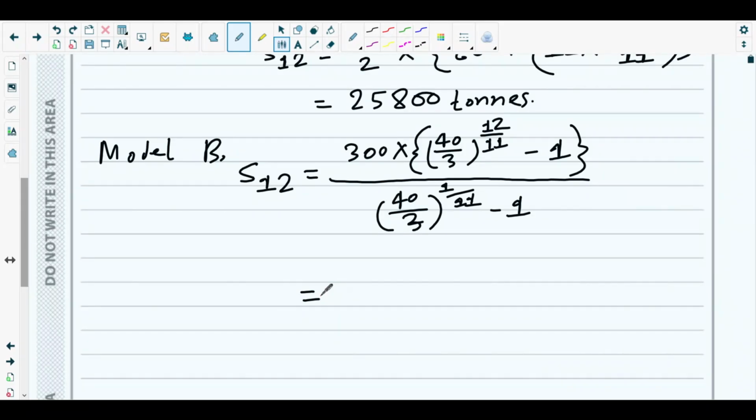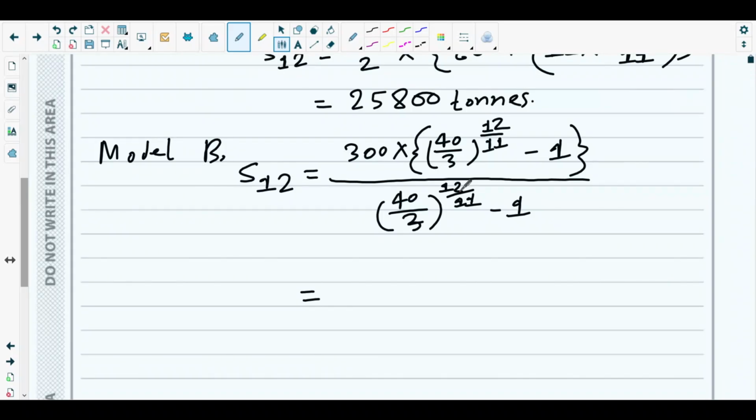r to the power n, then minus 1 times 300 over 40 over 3 to the power what? R to the power n. N is 12. So 12 over 11. This should be 12 over 11. Okay, so 12 over 11 and then minus 1.